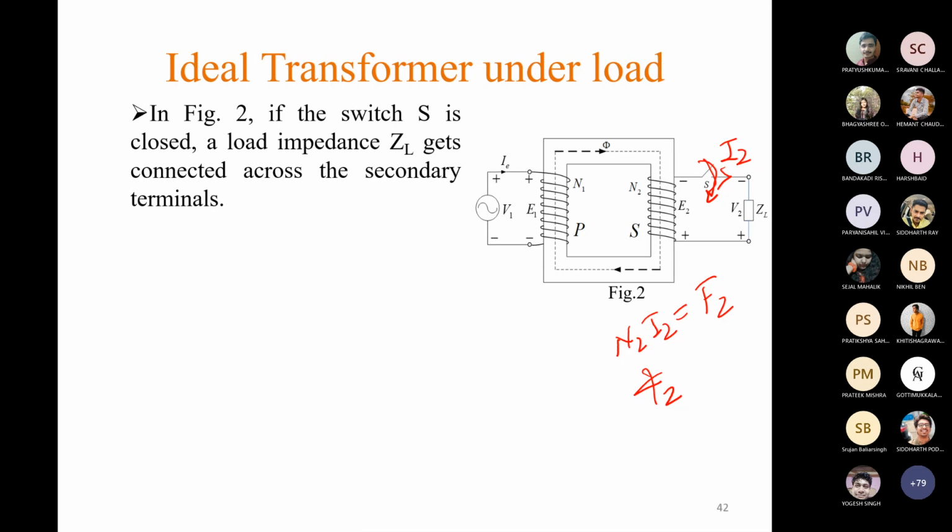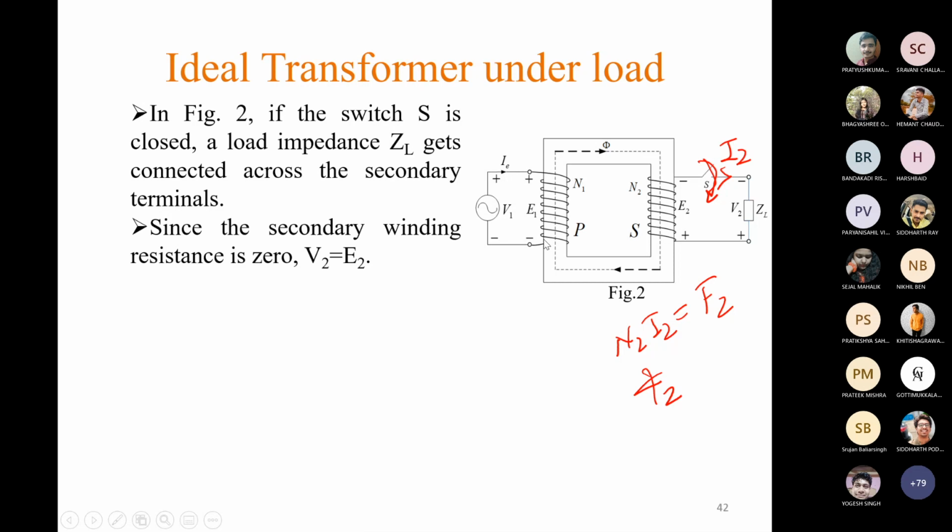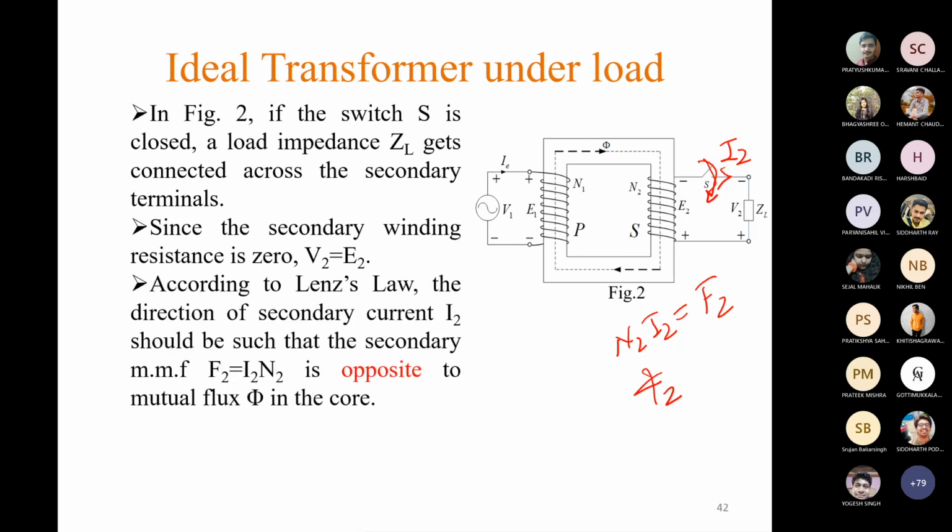This MMF will produce its own flux, and the direction of this flux will be opposite to that of main flux phi. So what will happen? It will try to reduce the value of flux phi, isn't it? Right?